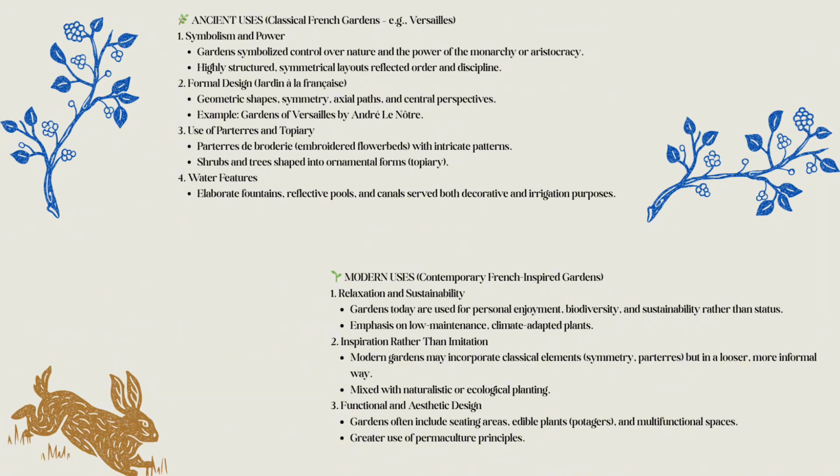Modern gardens may incorporate classical elements like symmetry or parterres, but in a looser and more informal way, mixed with naturalistic or ecological planting. And lastly, functional and aesthetic design. Gardens often include sitting areas, edible plants like potagers, and multifunctional spaces, and are greatly used for permaculture principles.